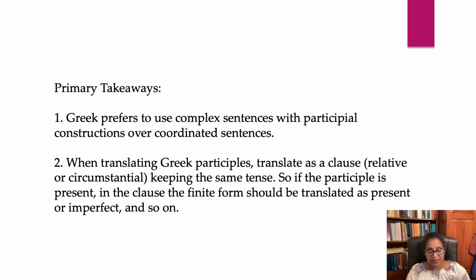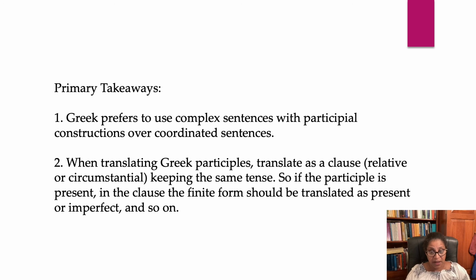So what this means is that if you're asked to translate into Greek a sentence that has X did A and B, two verbs, then you need to pick one of those verbs as the more important and put the less important verb in the appropriate participle, okay? Because that would be much more idiomatic as far as Greek is concerned, because they really do not like to have two finite verbs in the same sentence.